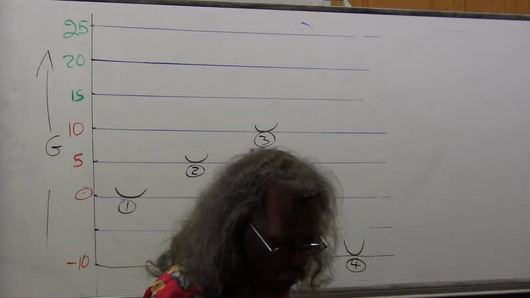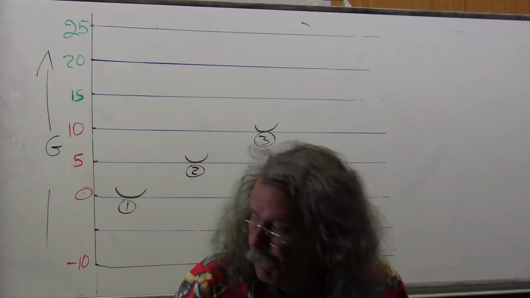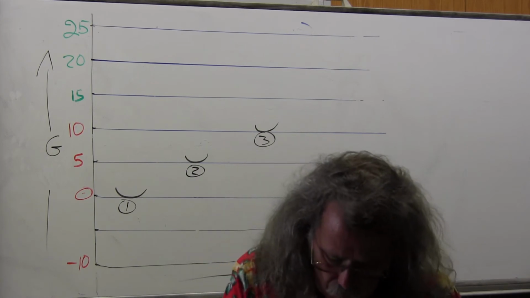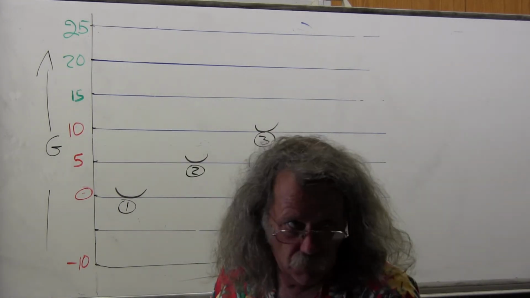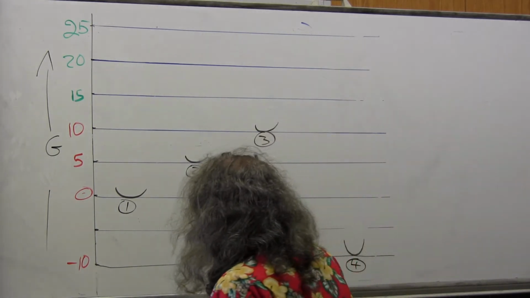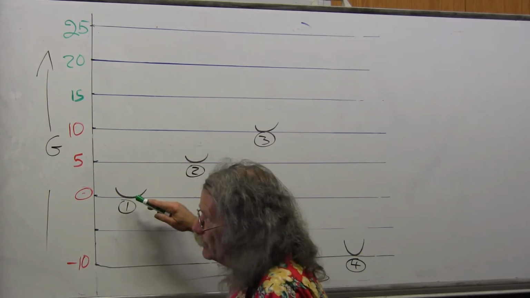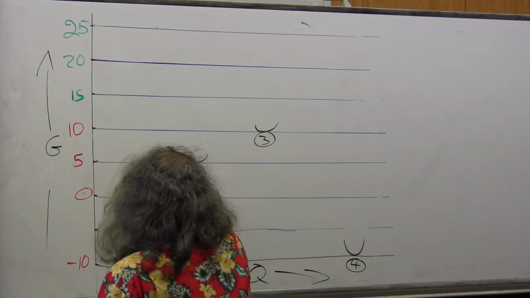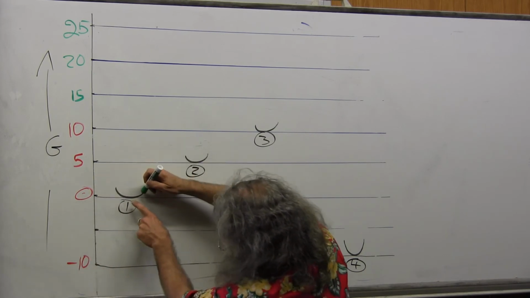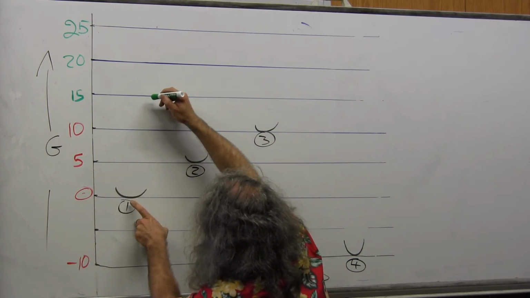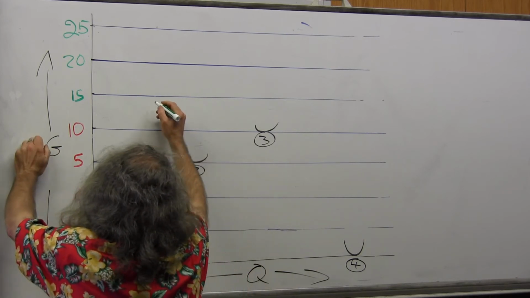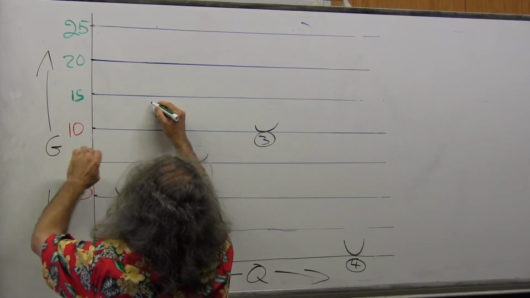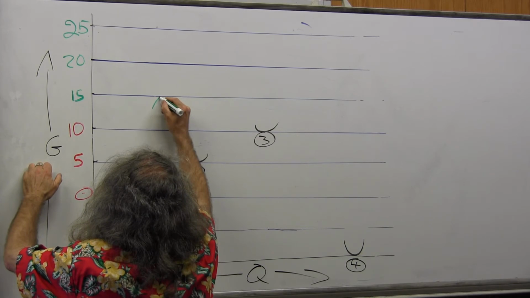Now I want to draw my transition states. The first transition state is at how many kilojoules? 15 kilojoules? So I'll go 5, it's above this point. So 5, 10, 15. So my first one's going to be right here.